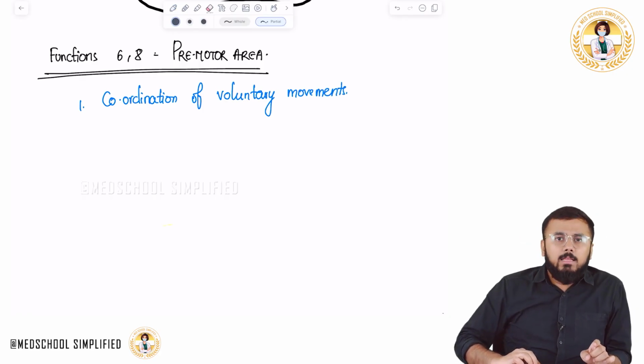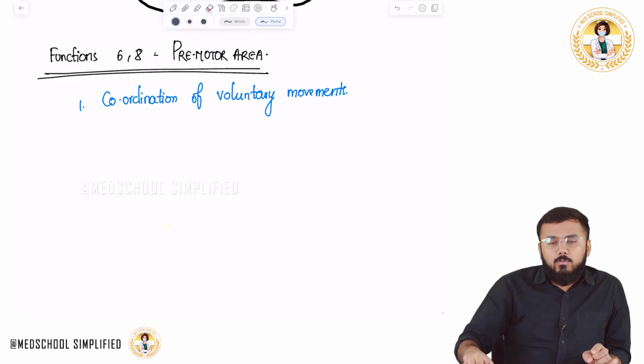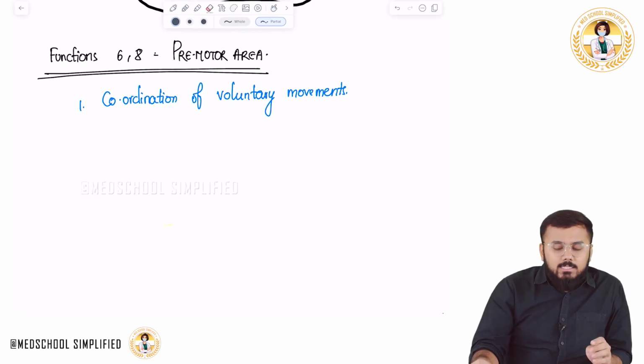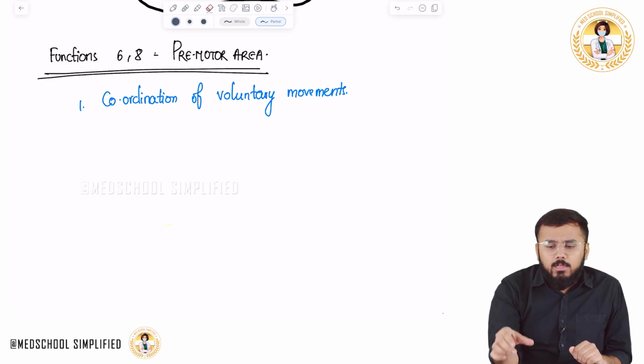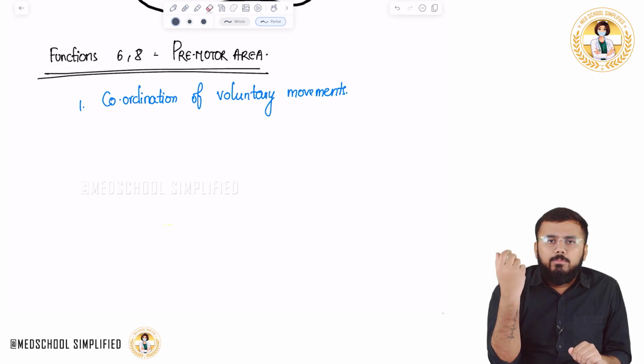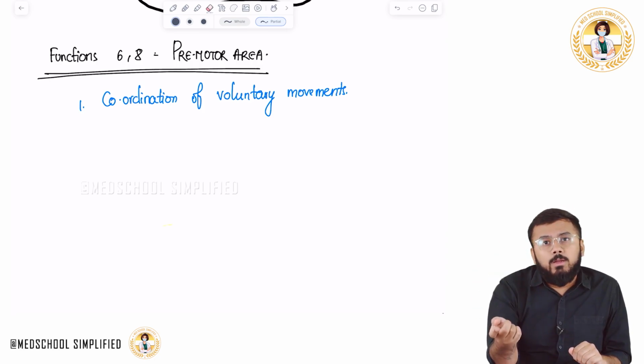For example, let us say if I have to lift this remote, right? I will lift this remote. This is called a voluntary movement. Let us say there is a cup of tea in front of me. If I have to lift the cup, I will lift the cup. This is called a voluntary movement. What is called coordination of voluntary movement?